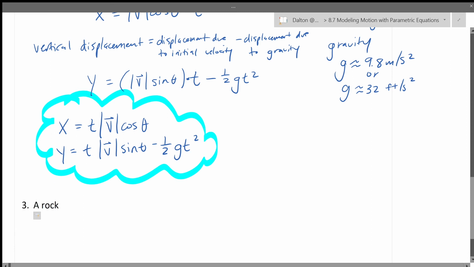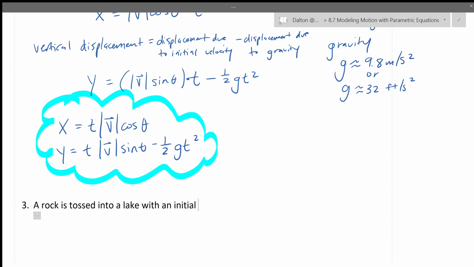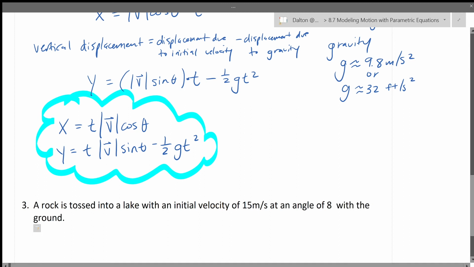Okay, let's say a rock is tossed into a lake with an initial velocity of 15 meters per second at an angle of 8 degrees with the ground.